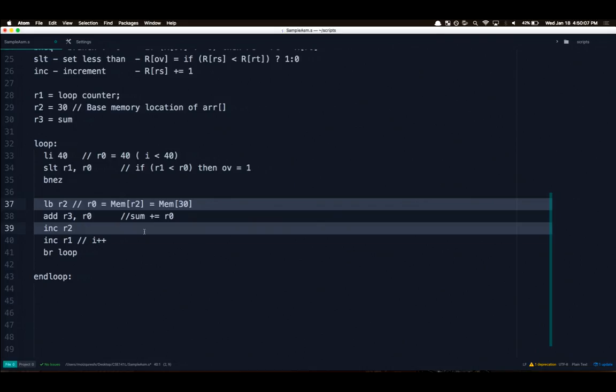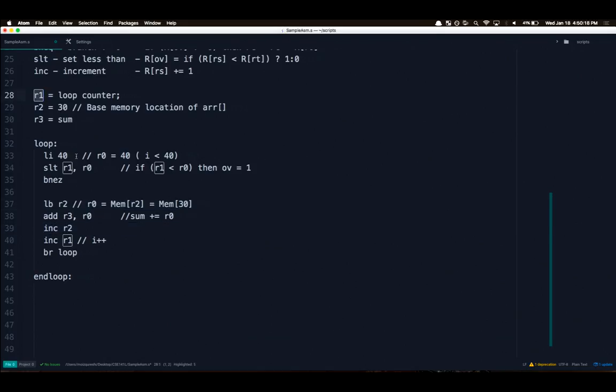Yeah? Use R0 to store that counter, but within the loop, you use R0 again just to store that immediate value. So over here, R1 is my loop counter. So R1 is initially 0. But then your R0 won't be 40 in the next loop, right? Then next time you check your R0, it can be modified.